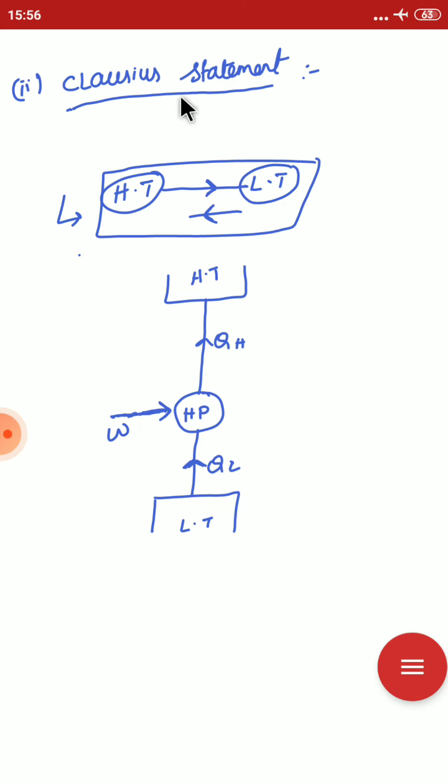What the Clausius statement tells is that without any external effect, transferring energy as heat continuously from a low temperature body to a high temperature body is impossible.